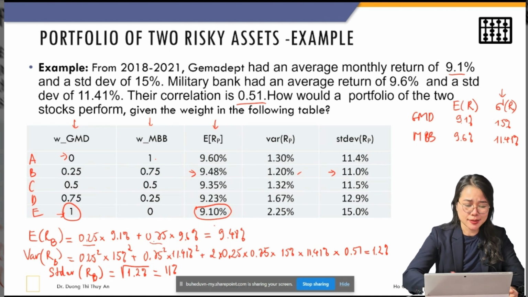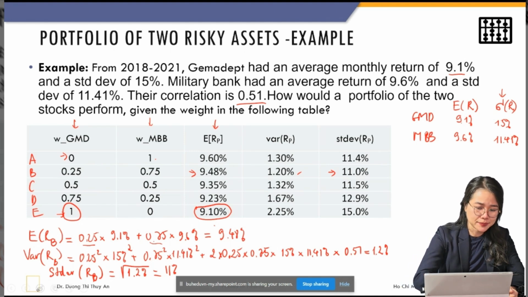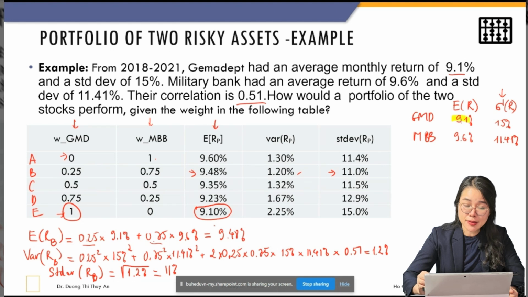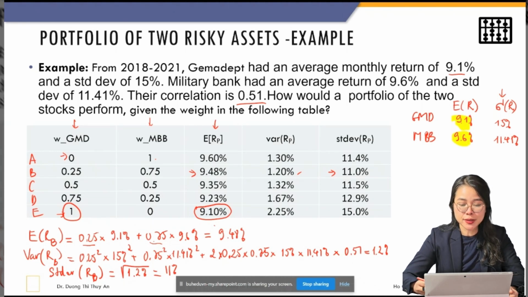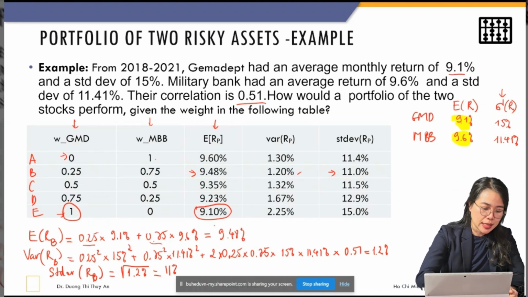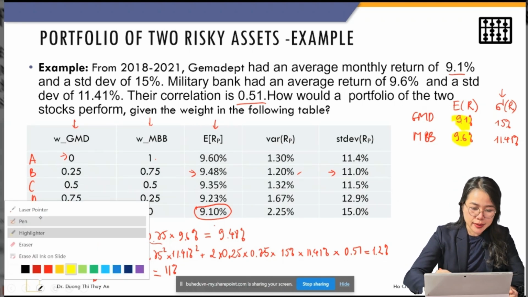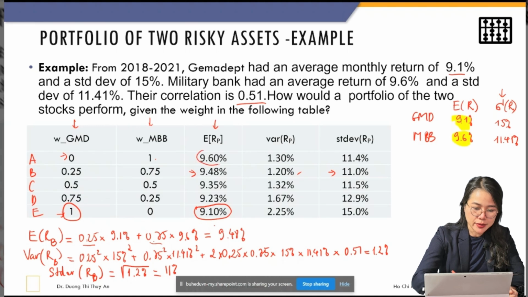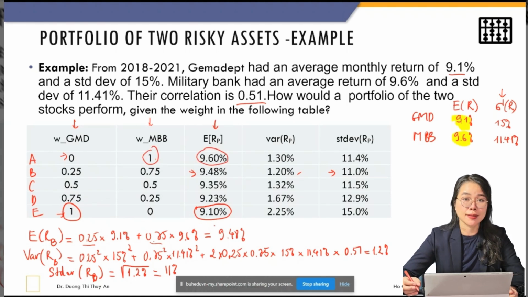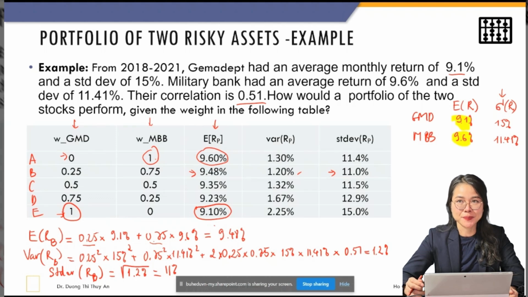Because the expected return of GMDEP is 9.1%, and MPP has a higher expected return. So the portfolio with the lowest return is the portfolio of 100% GMDEP. And the portfolio with the highest return is portfolio A with 100% of MPP.